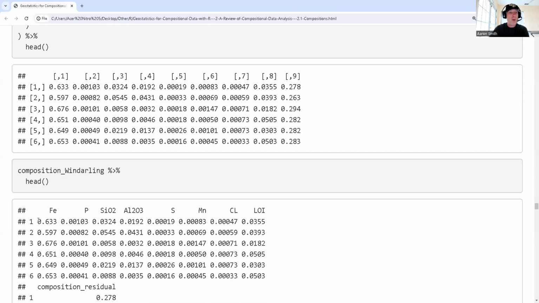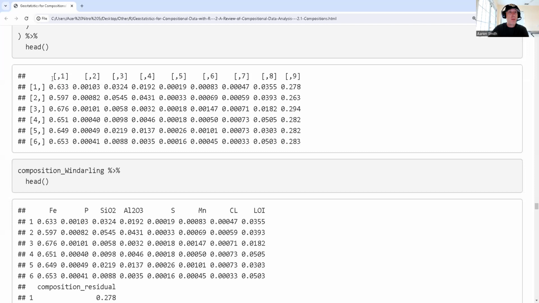You'll notice I get the same value here, this value is the same as here, and this value is the same as here. I can keep on going through and double checking. They may not be exactly the same because of machine accuracy rounding errors, but they're really close up to rounding.